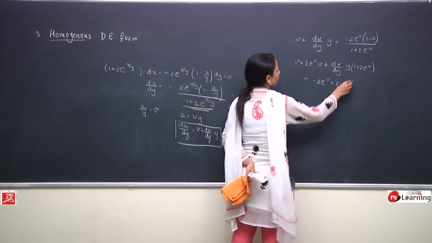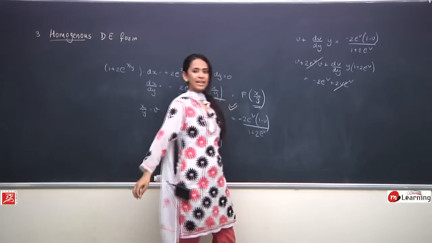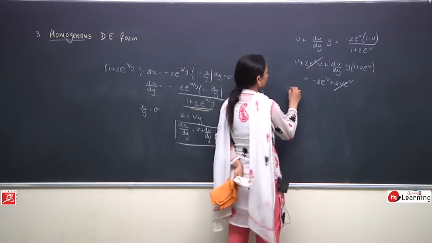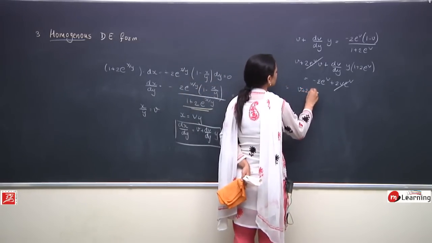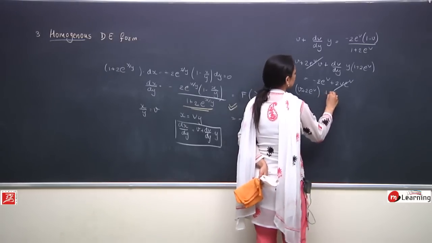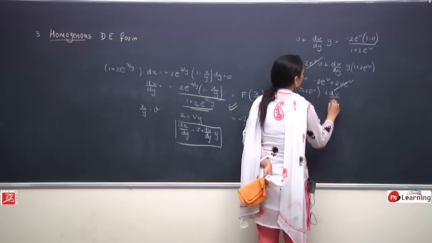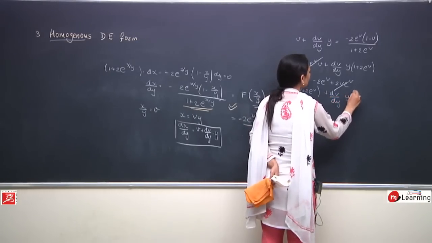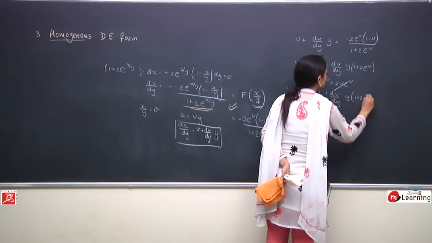Perfect. 2v e to the power v, 2v e to the power v यहाँ से कैंसिल हो जाएगा. So we'll get v plus 2 e to the power v plus dv by dy into y plus 1 plus 2 e to the power v.